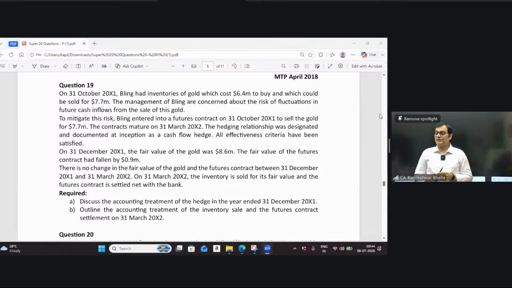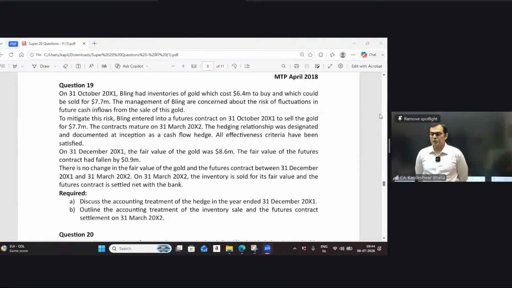The management is concerned about the risk of fluctuations in the future cash inflow from the sale of the gold. To mitigate the risk, the company entered into a futures contract on 31st October X1, to sell the gold for 7.7 million. The contract matures on 31st March X2.